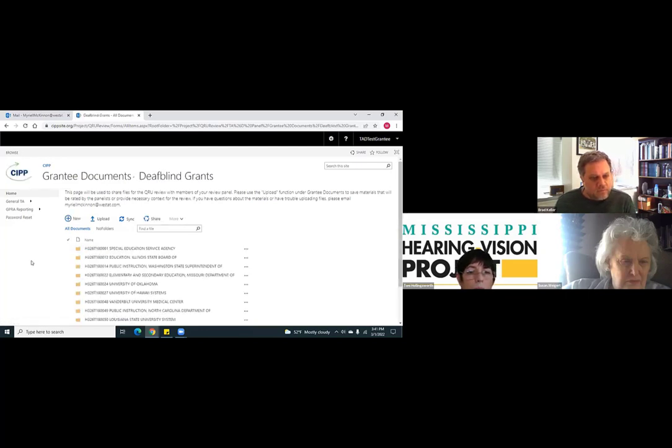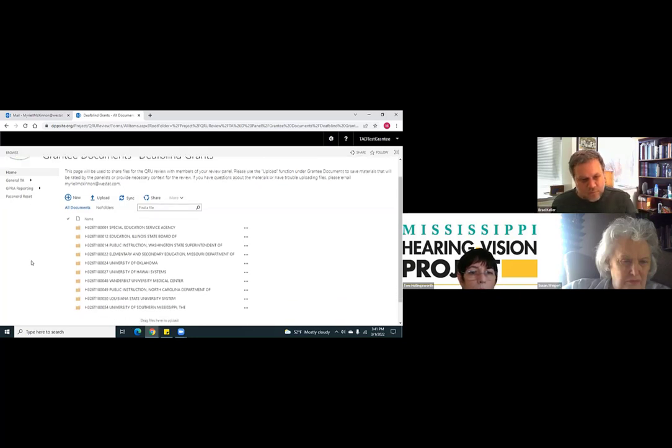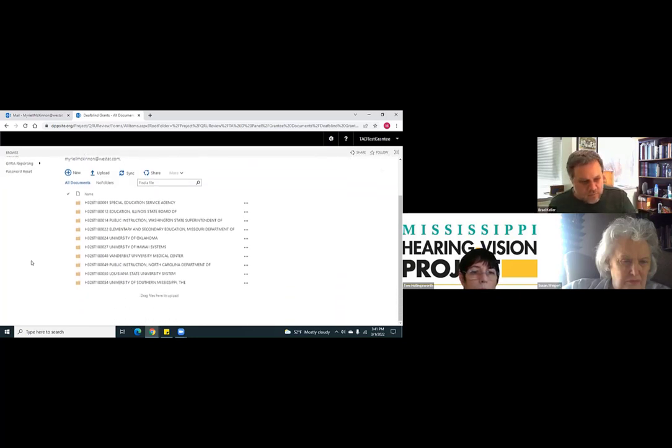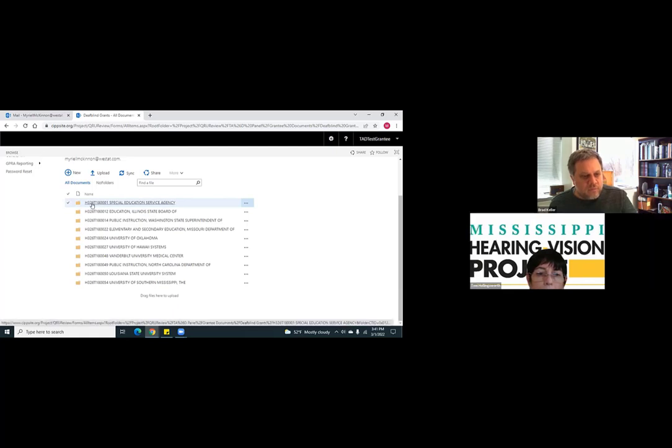And so you'll see folders that have already been created for you, and you'll just locate the folder that has your grant number and your center name, and then you will click on that to upload first your list of services, and then once we sample that, you'll also be following the same steps in uploading in your folder your description guide. And so we're going to just go to the first one as an example.